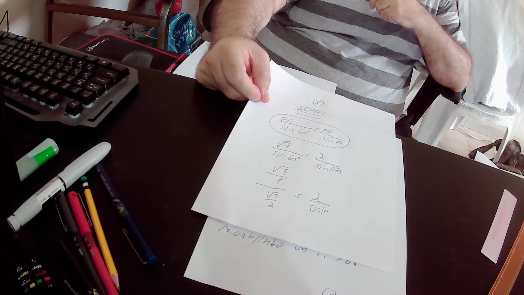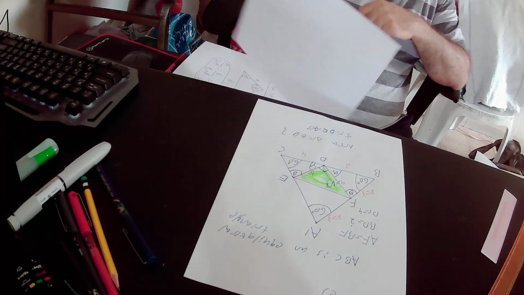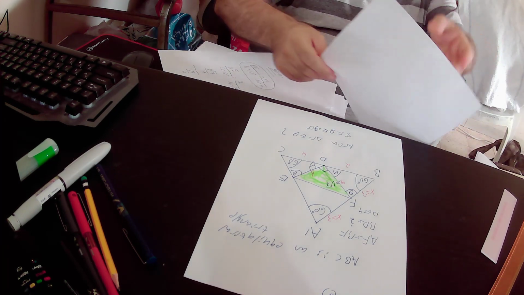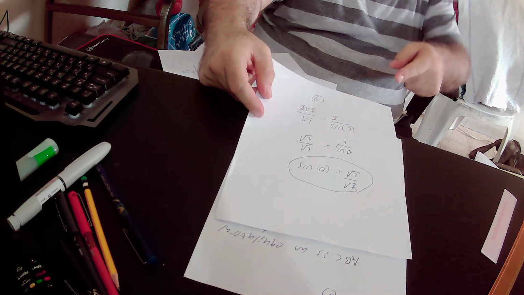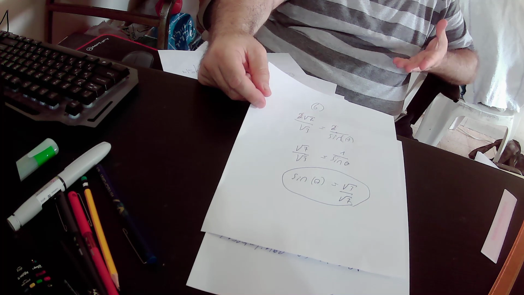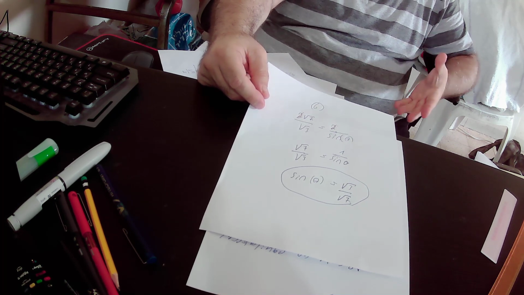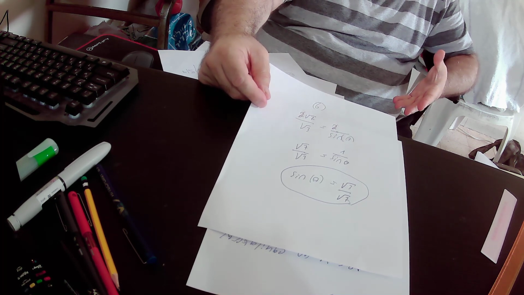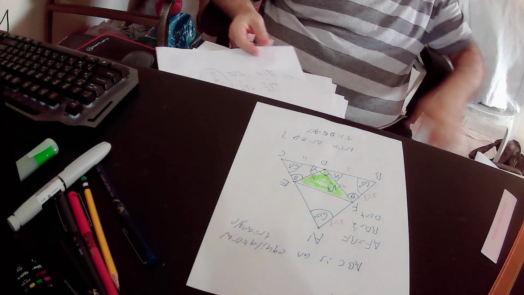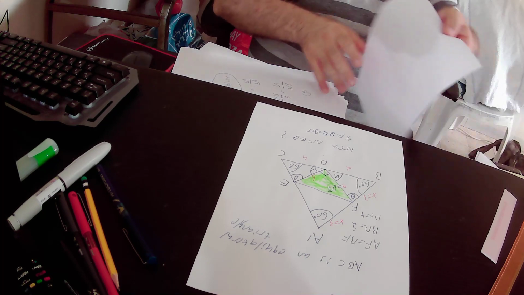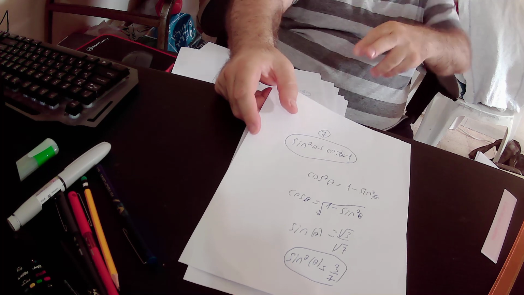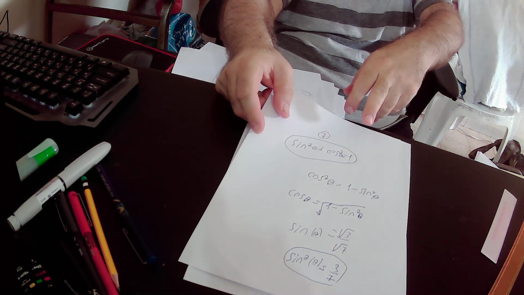So we got that sine theta equals root of 3 over root of 7. From sine theta, we can derive the value of cosine theta according to the trigonometric identity that states that sine theta squared plus cosine theta squared equals 1.